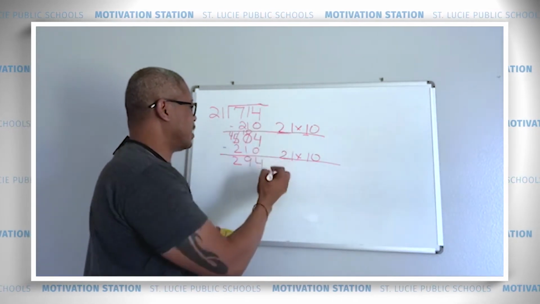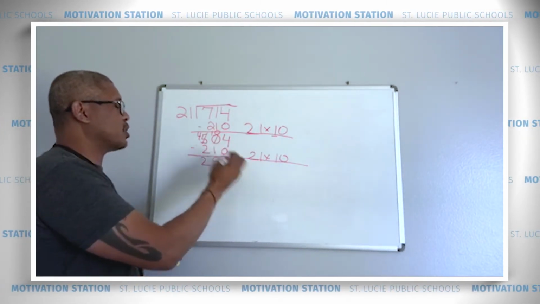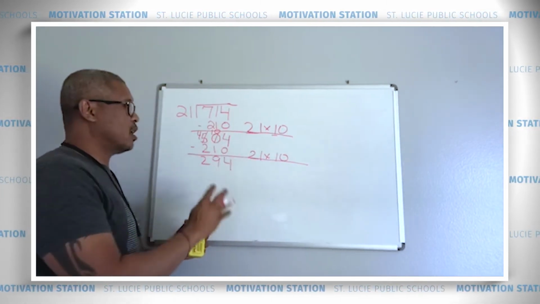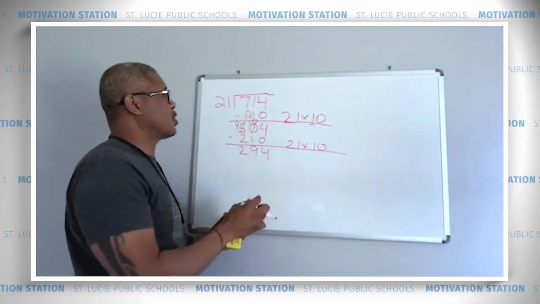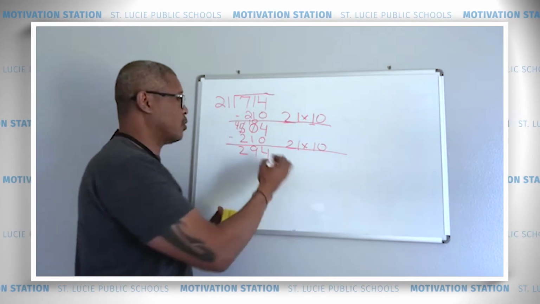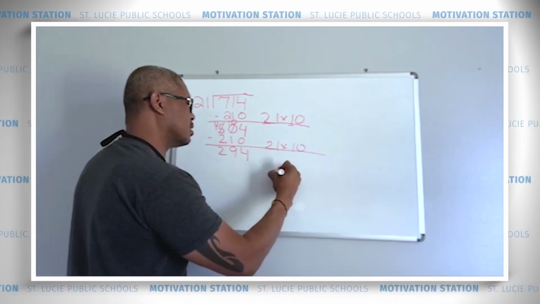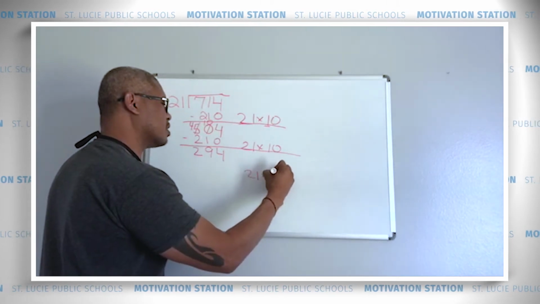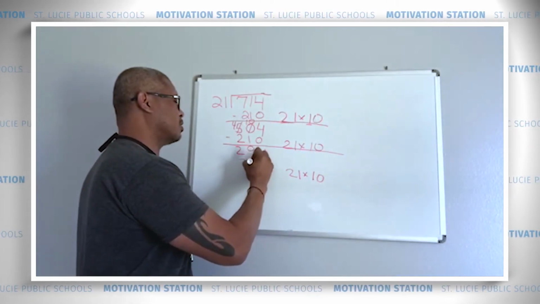Again, 21 times 10, because I need to continue to subtract until this number is less than my divisor or 0. So I can use 10 again. 21 times 10, 210.